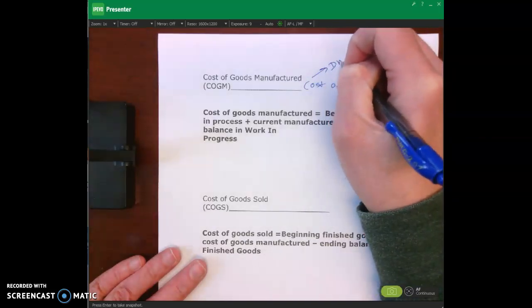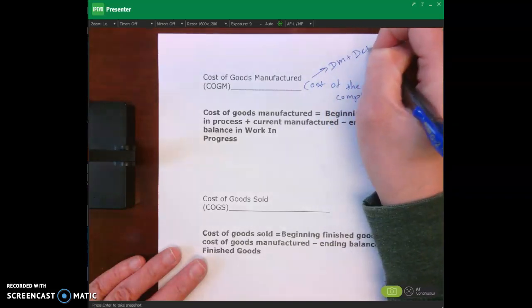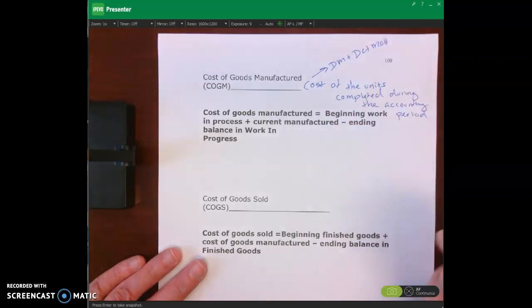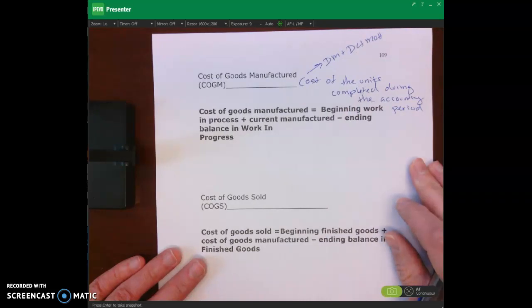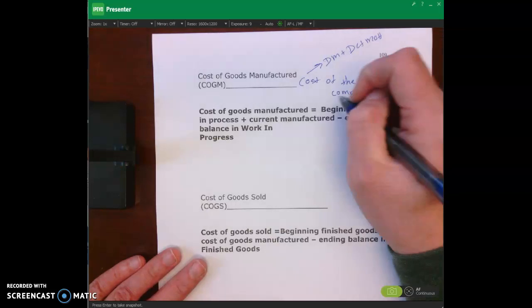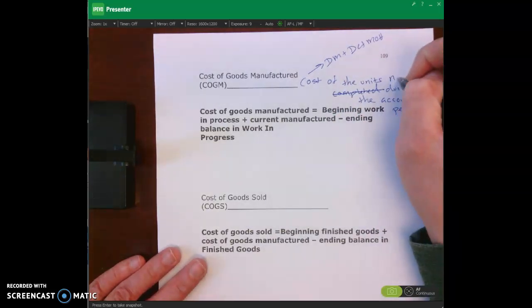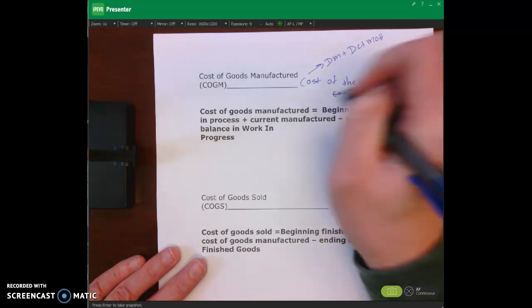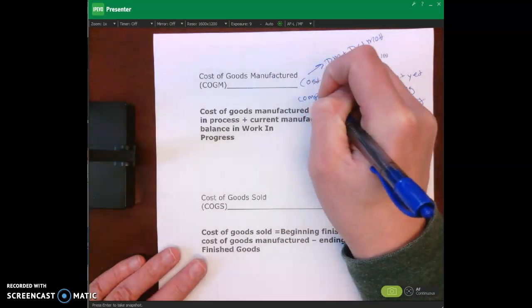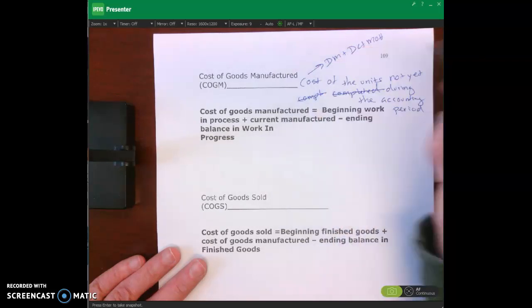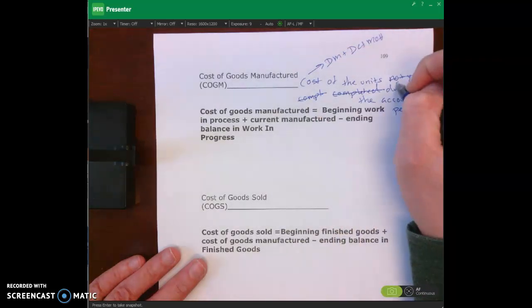The direct materials plus direct labor plus manufacturing overhead attached to those goods, those units that we completed during, cross that out, not yet completed. We're going to leave that as completed.